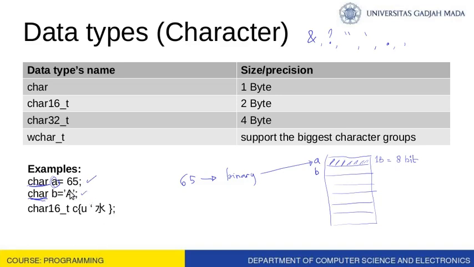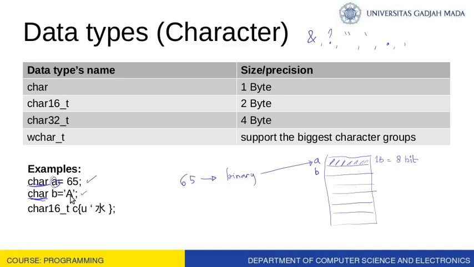Actually our computer cannot understand this capital A value. Our computer only understands numbers. So we have to convert this A into a number.